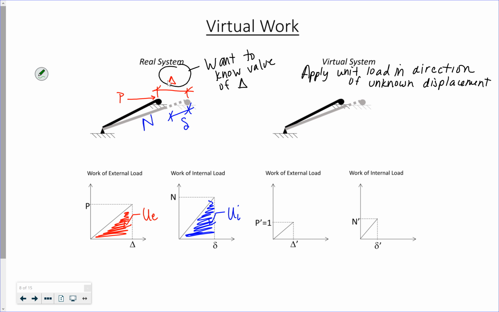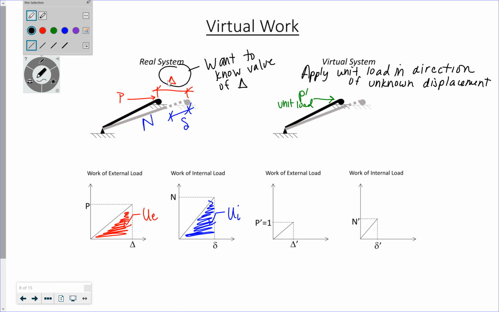So I have this deflection that's going horizontally to the right, I think. I'm assuming it's going horizontally to the right. And I'm going to apply a unit load P1 or P prime.